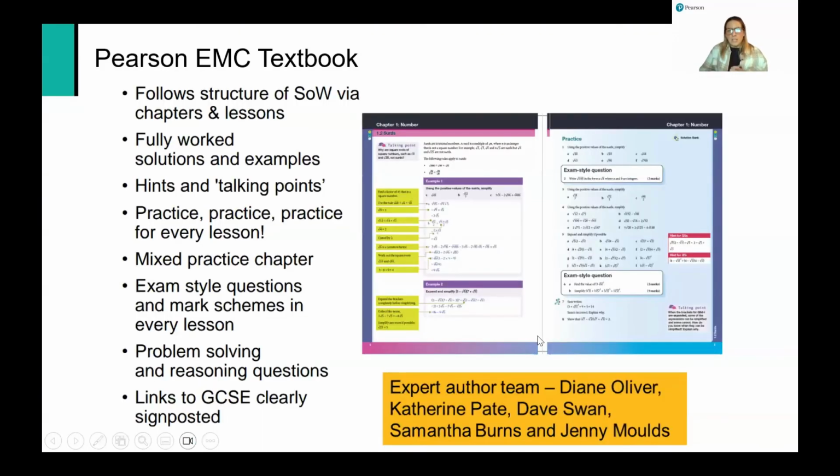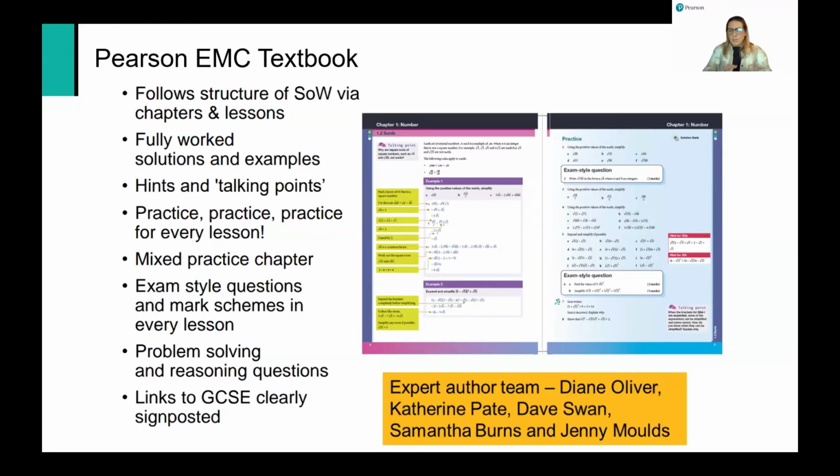So I've mentioned the textbook. My screen is all fuzzy, so I won't lift it up, but the textbook is really student friendly, great even if you have early career teachers or non-specialist teachers in your department. As you can see from the screenshot there, so many notes, step-by-step worked solutions for those examples. There are hints and talking points.